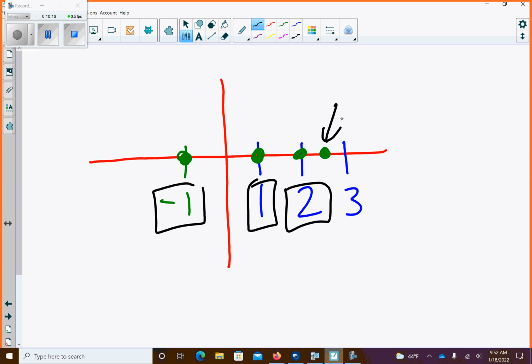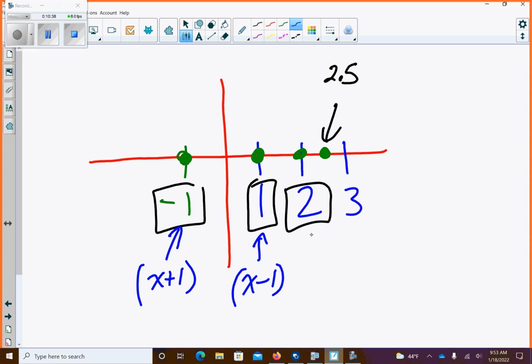What value do you give this, roughly? 2.5. Yeah, 2.5. Okay, now, is everybody okay that this yields me x plus 1 as a binomial? Is everyone okay that this yields me x minus 1 as a binomial? This yields me x minus 2 as a binomial. Do you feel comfortable with those three? Anyone stuck on any of that?